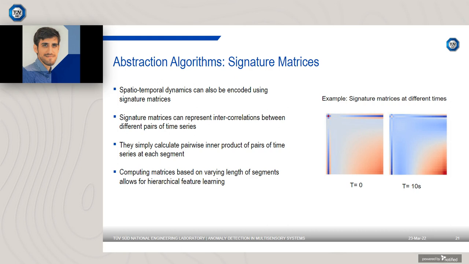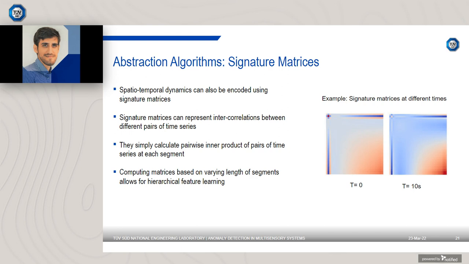They can also represent intercorrelation between different pairs of time series. So we can see these intercorrelations at different time frames and different segments of time frames.